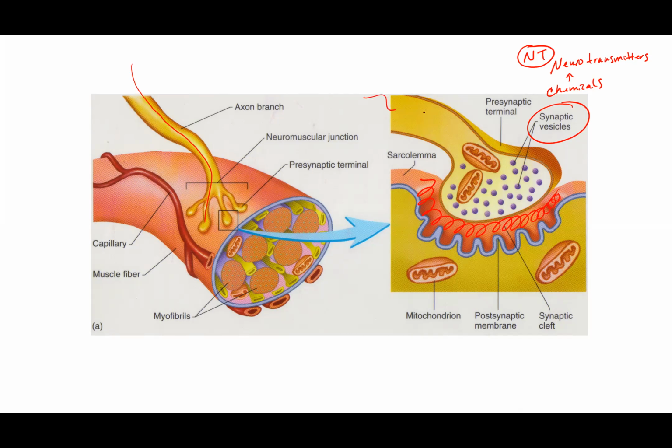When an electrical signal comes in, it will tell those synaptic vesicles to release the neurotransmitters, and they go across the synaptic cleft to the postsynaptic membrane.